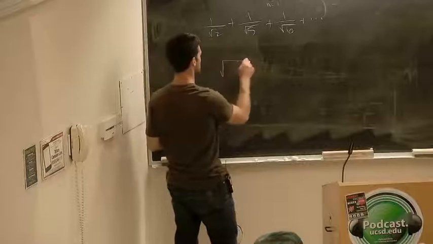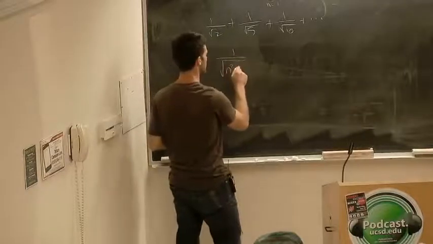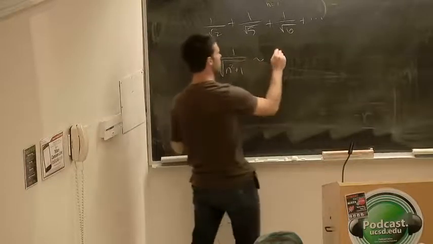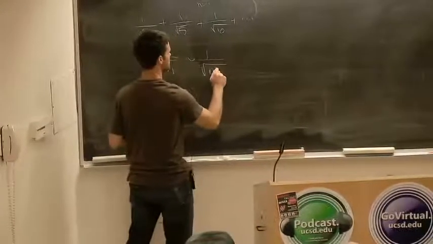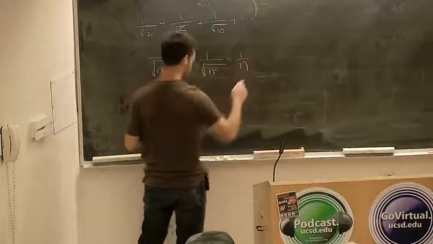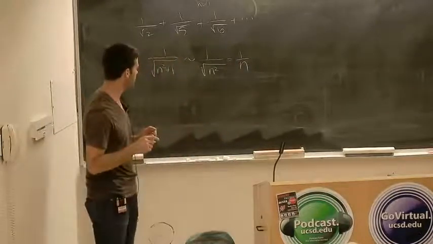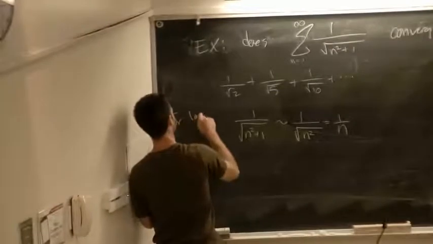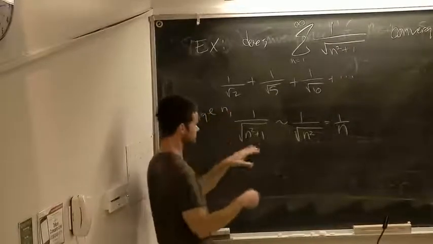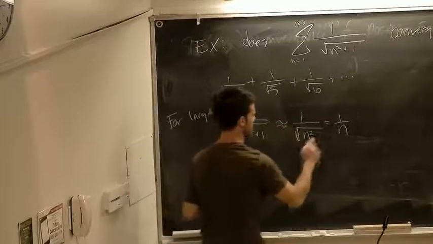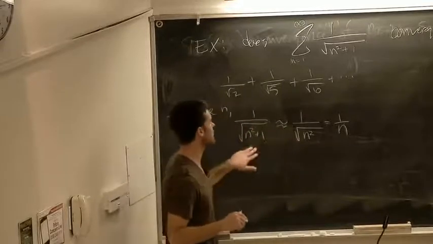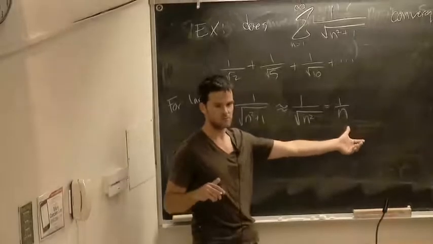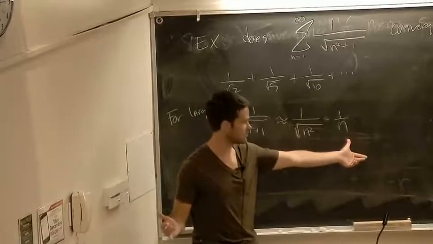So when n is really big, 1 over the square root of n squared plus 1 is close to 1 over the square root of n squared, which is the same as 1 over n. So your intuition should say that the behavior of this series should follow the behavior of this one. They're comparable, in other words.